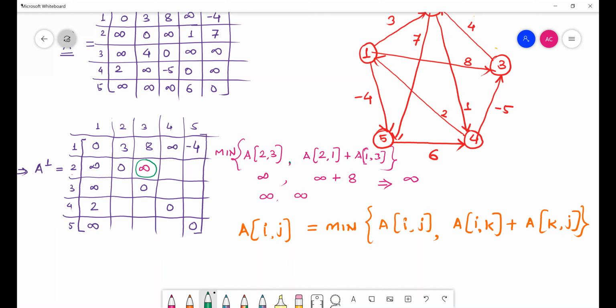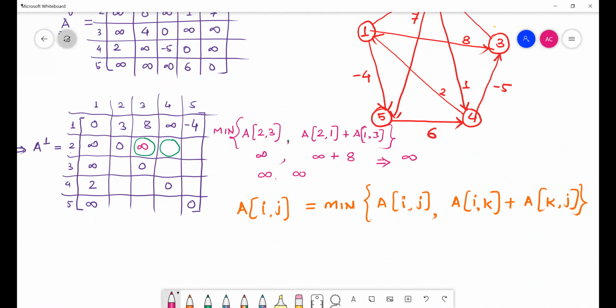Look, let's do more calculations, and you will gradually understand further. Okay. Now I am calculating 2 to 4. Now calculate 2 to 4. So A of 2 to 4. What are we calculating? We are calculating the cost of reaching from 2 to 4 if 1 is my intermediate node.